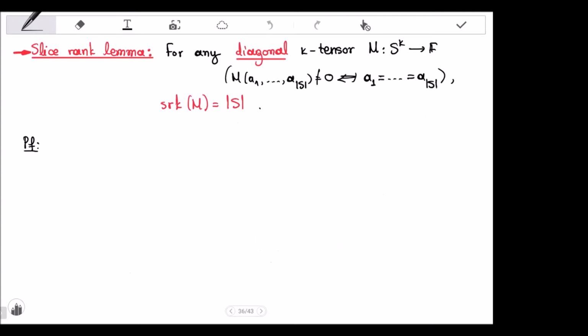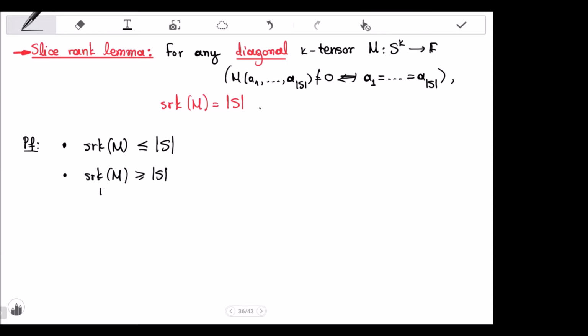So we want to show that any diagonal K-tensor, so think K-dimensional matrix, has full rank. I say full rank because we have already explained that the slice rank is at most the number of layers. We could write the matrix as a sum of its layers. Now the goal is to show the opposite.